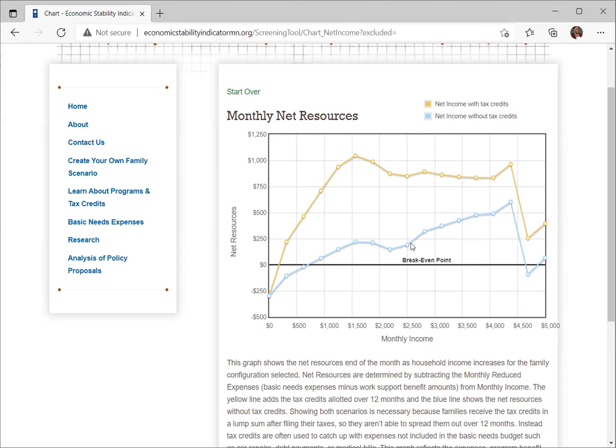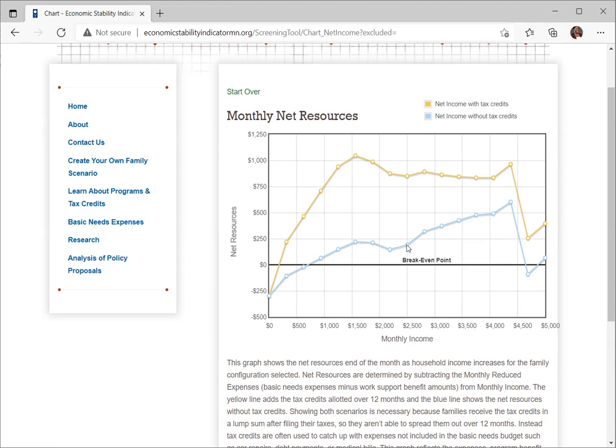I do want to point out, though, that as the family's income increases, even though they're still enrolled in those programs, the value of the program decreases over time. So their program benefits are decreasing as their income increases. So you see here that this family is at about $1,700 when we ran the scenario.